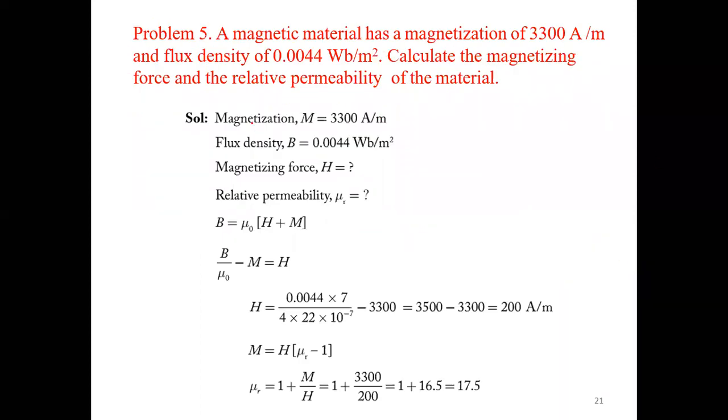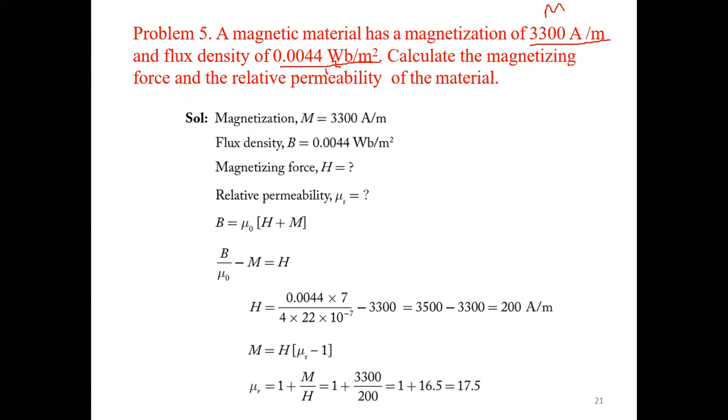Problem number 5: a magnetic material has magnetization 3300 ampere per meter and the flux density is this, B. So this is M and this is B. Calculate the magnetizing force H, and also the relative permeability of the material.